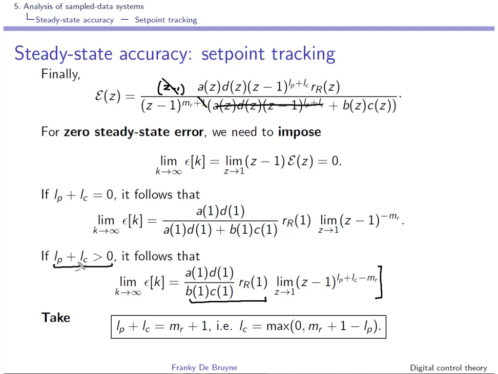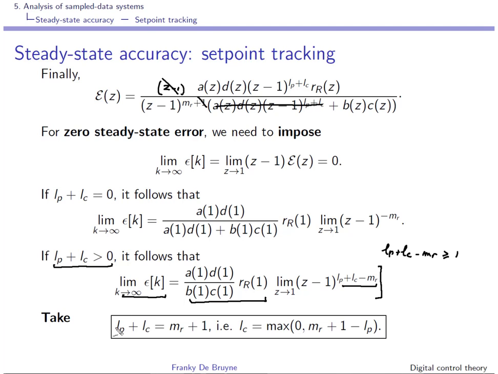Remember that LC is something that we can choose. Okay, so in general we'll put an integrator in the controller, and you can see over here that if you choose LP plus LC minus mr larger or equal to 1, right, this steady state error will be equal to 0.